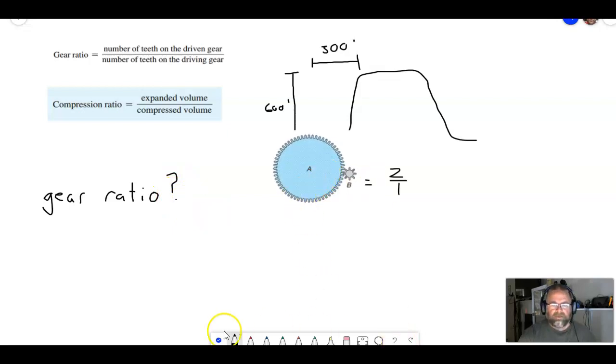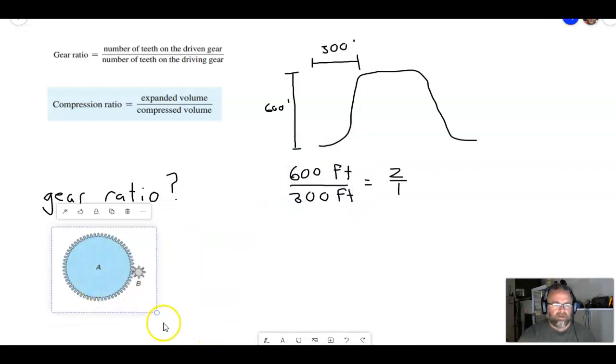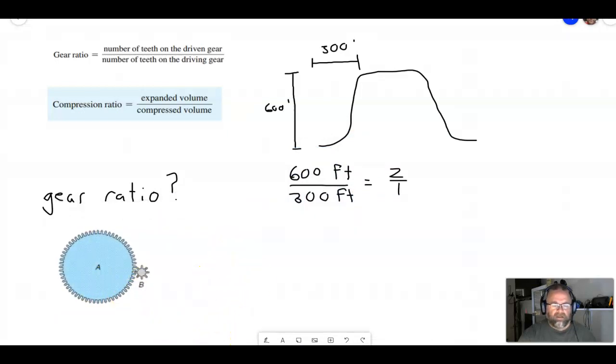Here are my gears. On the driven gear, which is equal to A, there are 42 teeth, and on the driving gear, which is equal to B, there are 6.